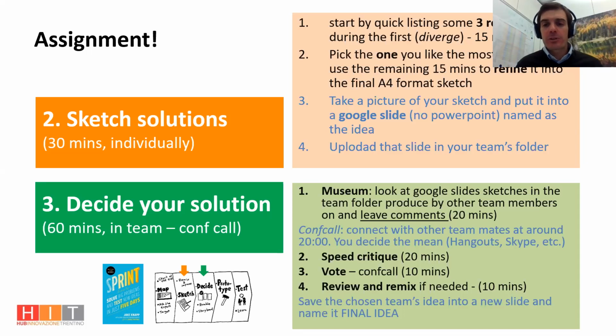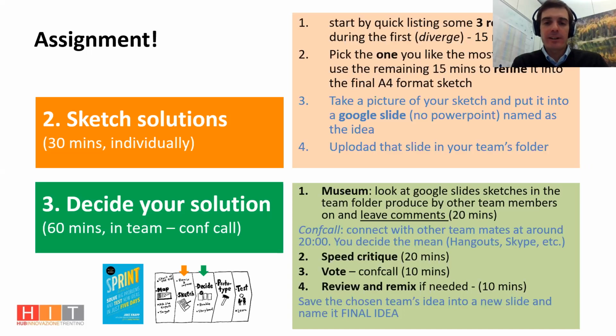But the speed critique, of course, you have to do it with your own teammates. So we really recommend you not to meet face-to-face, or maybe to meet face-to-face but stay rather far from each other, because you don't want to get any nasty virus these days.